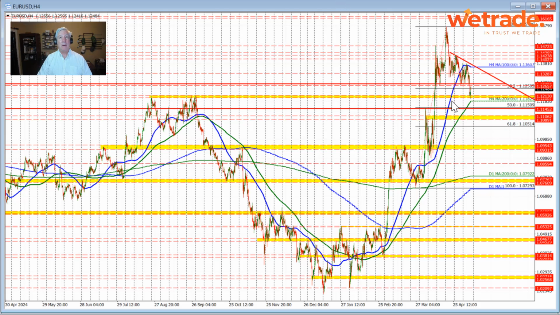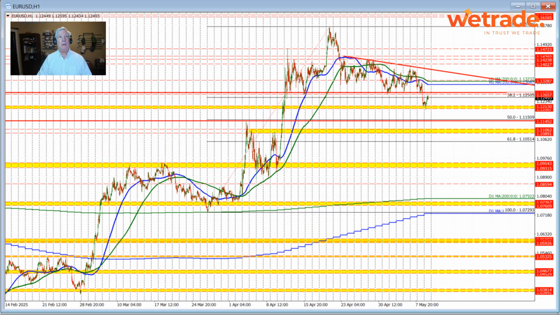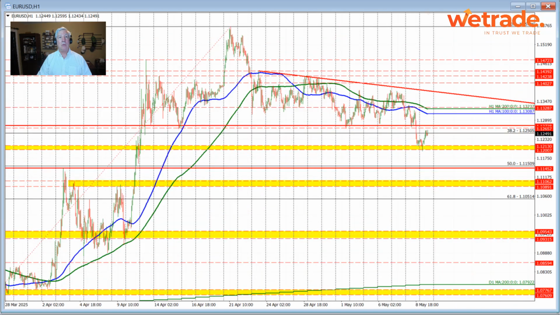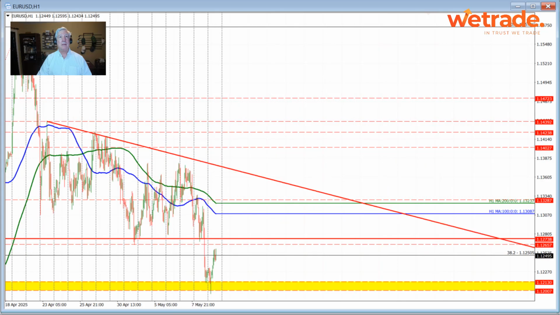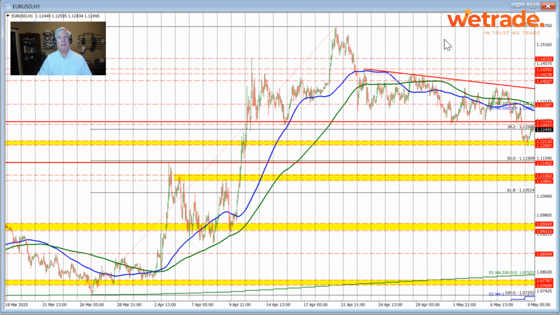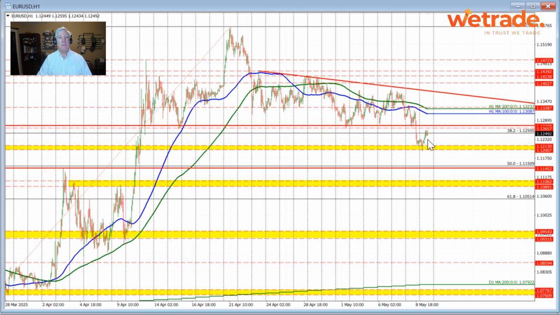So support did hold right here against the previous highs, the ceiling level, before the market moved lower. So keep that in mind when we look at the support off of the hourly chart and try to figure out what this area means right through here. That is that support area going back in time for the euro versus US dollar.